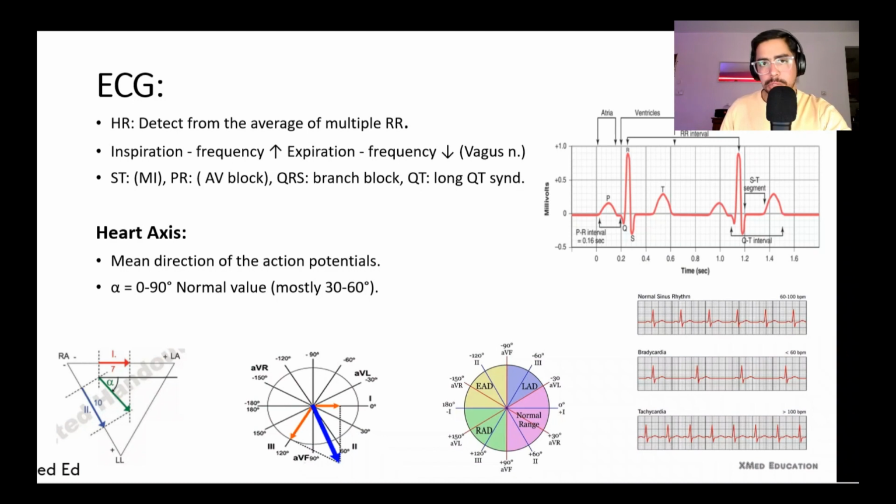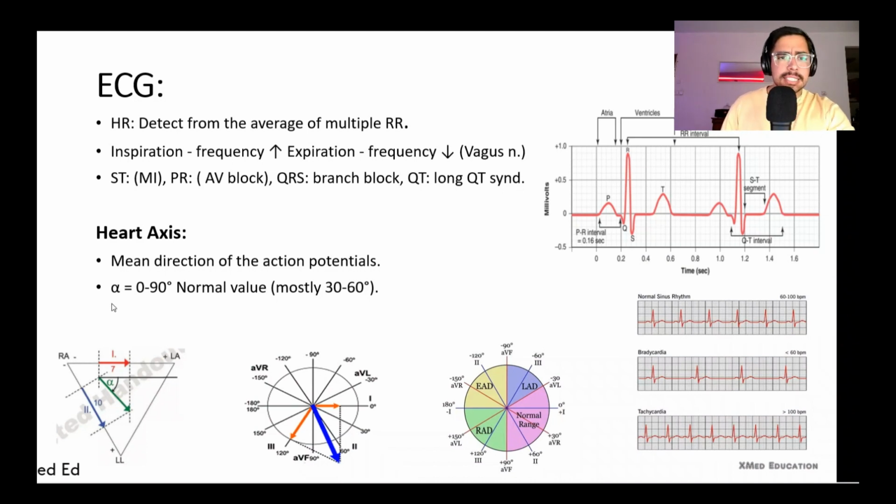There are also some drugs that can cause long QT syndrome, and you will study it in your pharmacology class or in your rotation in internal medicine.